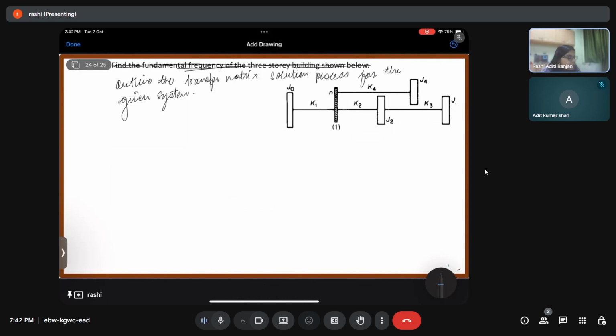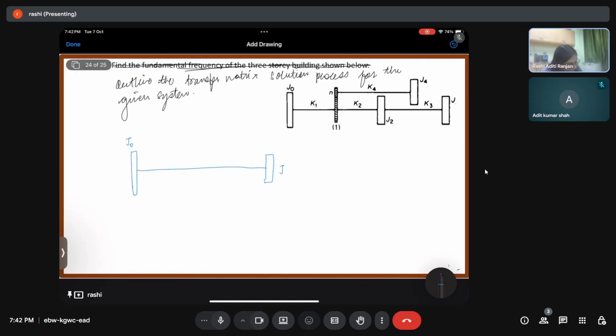So for this system, what we can do is divide it into multiple parts, right? How are we going to divide it? So let us suppose that this is our system. This is J. This is J naught.